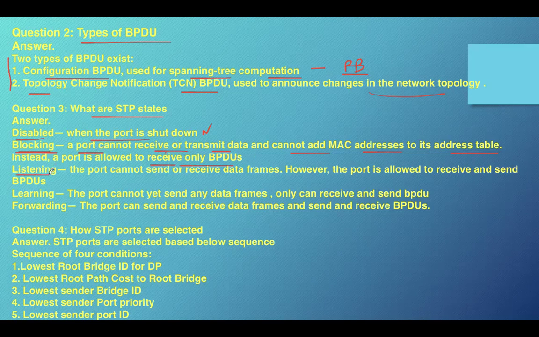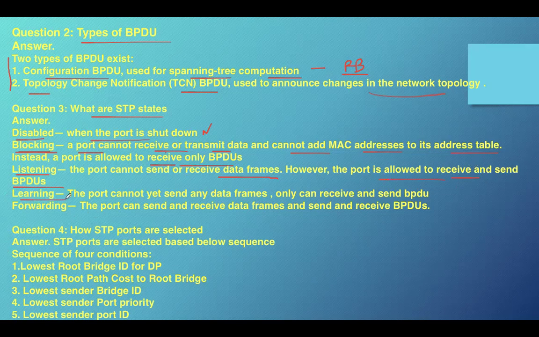The next state is listening. Listening means the port again cannot send and receive data frames. However, the port is allowed to receive and send BPDUs. That's the difference. In listening state, it can send BPDUs as well as receive them.